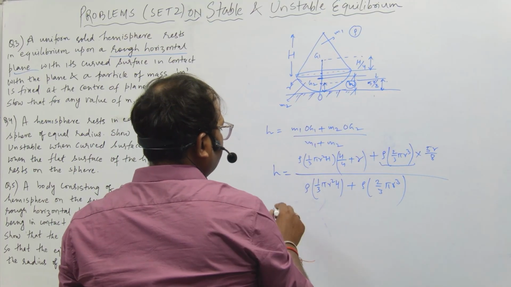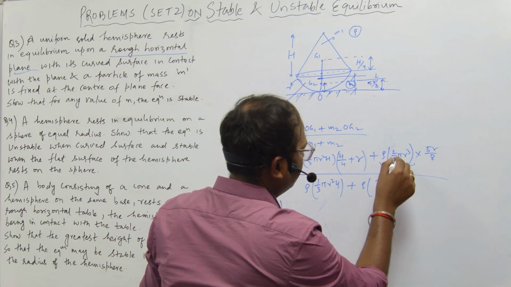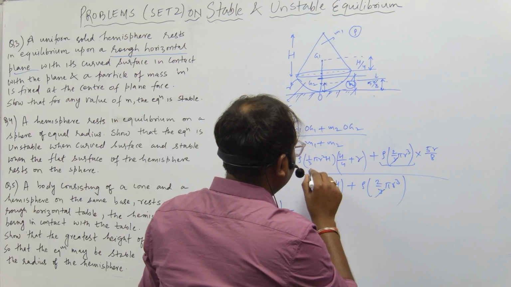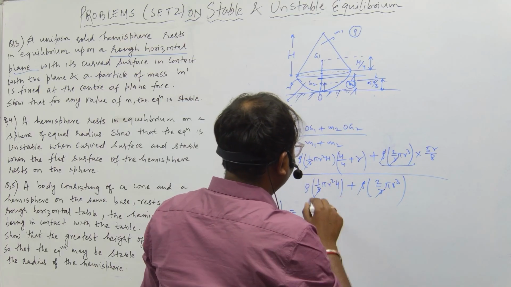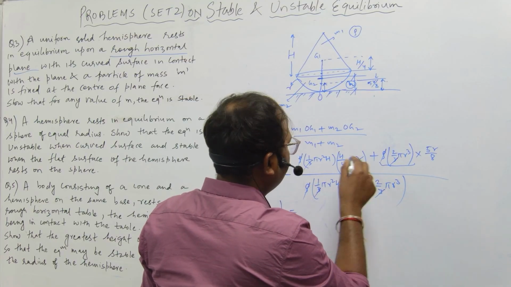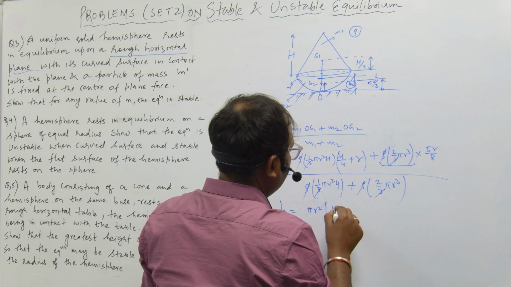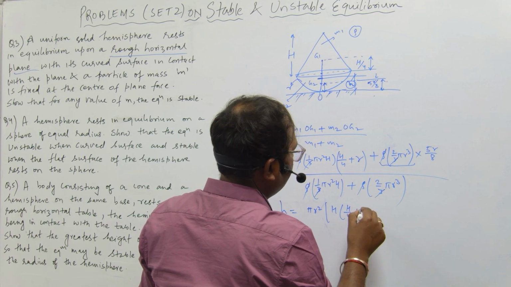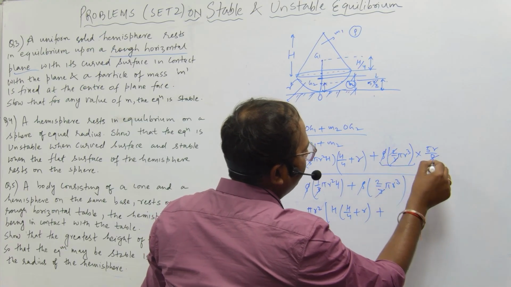So h will be equal to, let us cancel this. So 3 gets cancelled, rho gets cancelled, and let us take pi r square common. So pi r square into H times H upon 4 plus r, plus this 2 gets cancelled, 4.